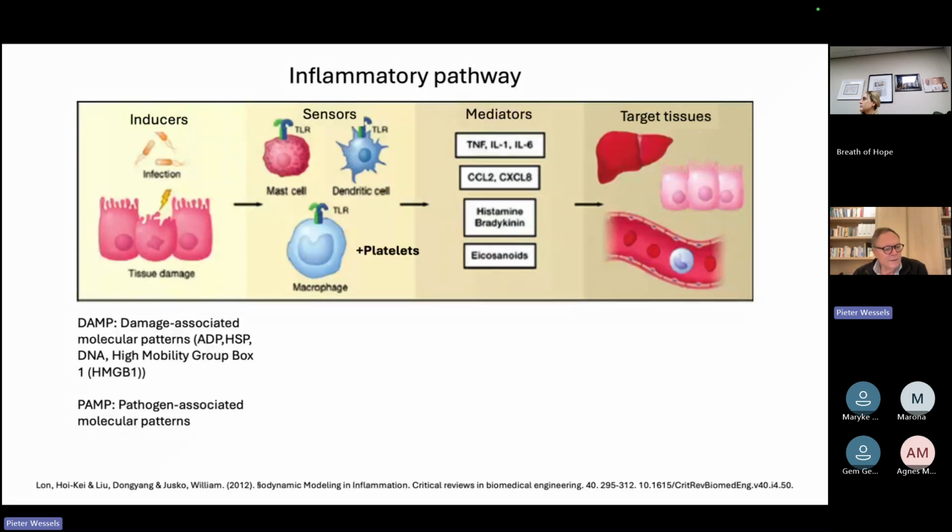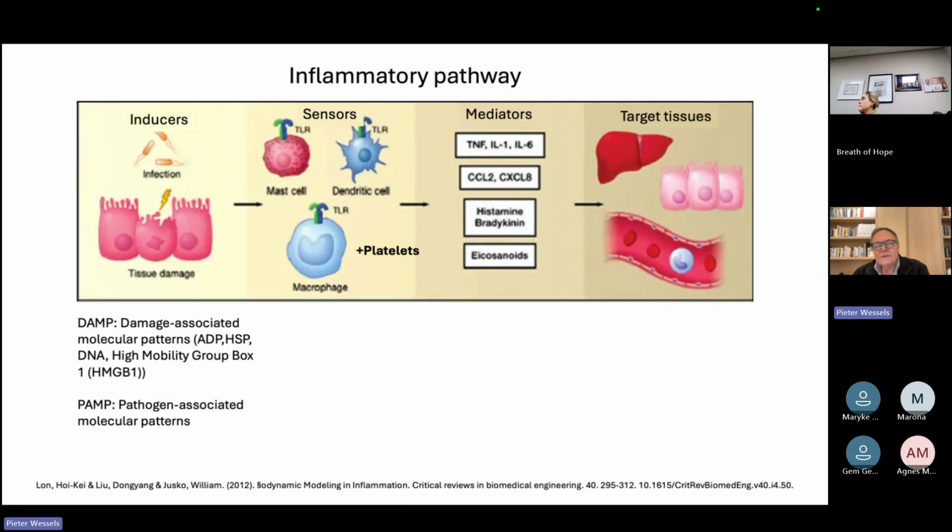You remember we've got the adaptive and the innate immune system, which acts immediately. On certain cells there are toll-like receptors, TLR, that's not a T-cell receptor, that's toll-like, which identify these damage-associated molecular patterns and the pathogen-associated patterns.